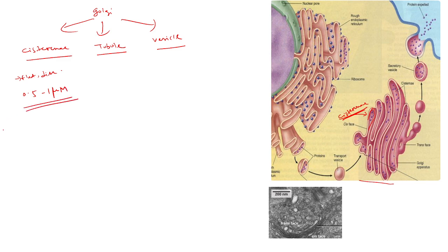What is a micrometer? Simply, 10 to the power minus 6 meter is equal to 1 micrometer. So that means 1 meter divided by 10 to the power 6 is 1 micrometer. So this is the diameter of the cisterna.